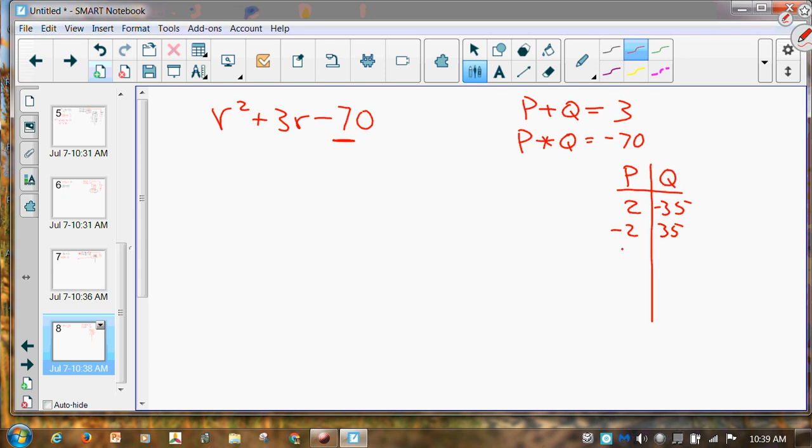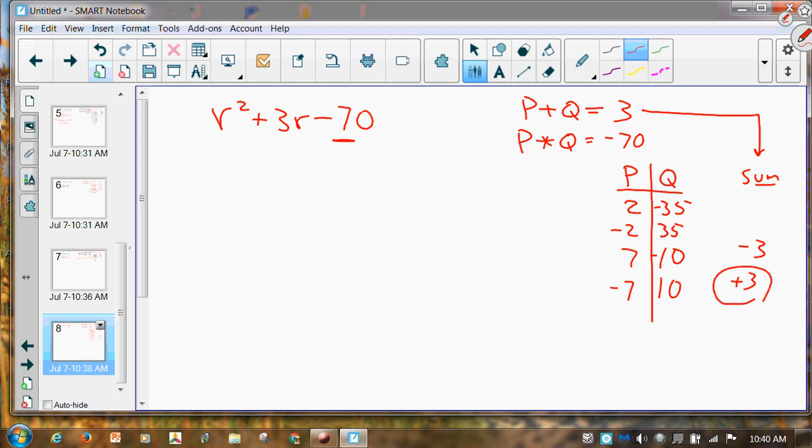Let's see, let's say 7 and 10, where the 10 is a minus, or I could do minus 7 and plus 10, and there's some other ones probably, but just looking at the factors here. So what is my sum? Okay, we want it to be 3, and 2 and 35 obviously is not it, and minus 2 and 35. 7 and minus 10 gives me a minus 3, and minus 7 and plus 10 gives me a positive 3. And guess what? That's what we're looking for, right?